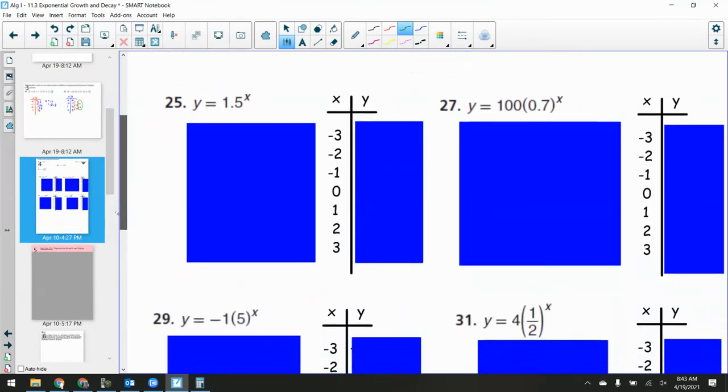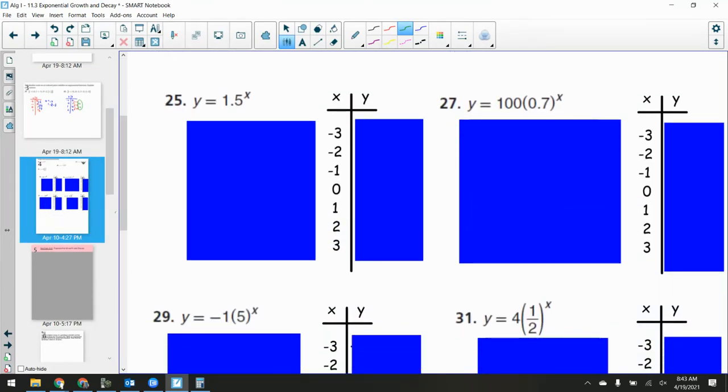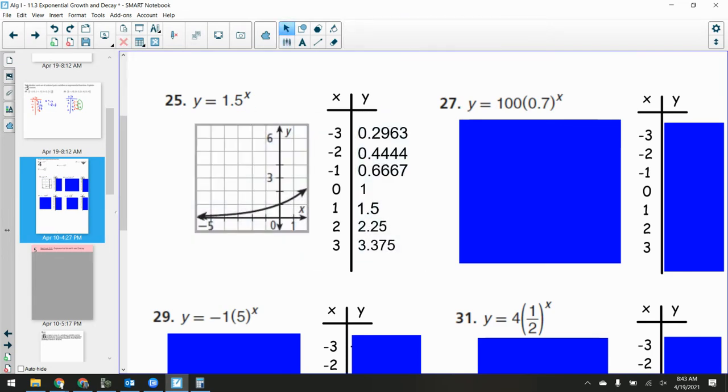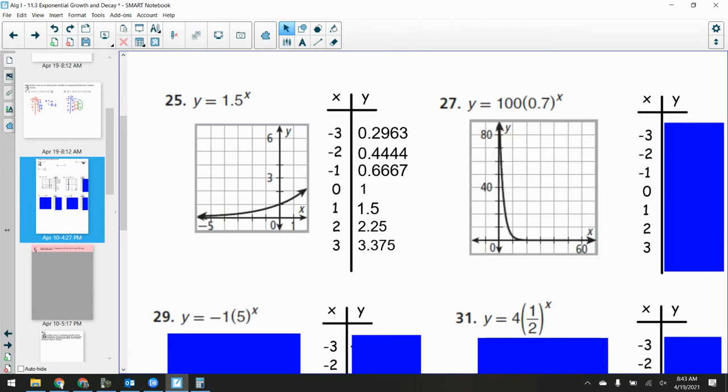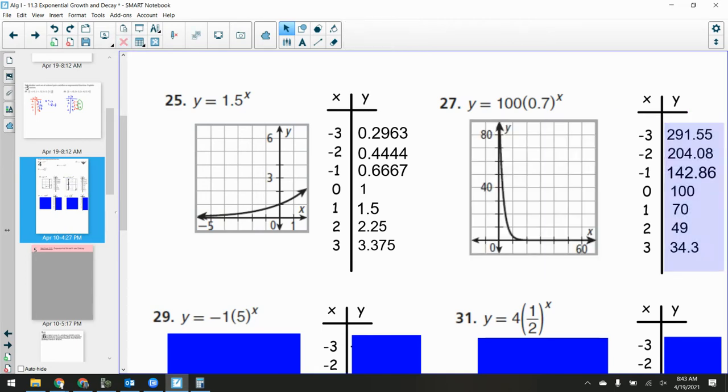All right, so here, we're going to take a look. You know what, let me just get rid of these blue boxes. Everybody take a look at your graphs for 25 and 27. Not only look at your tables, but look at your graphs as well. Now, these are the graphs provided by the book. So I know that, taking a look at number 27, the numbers got really big. You could just make it whatever you needed to on your graph paper.